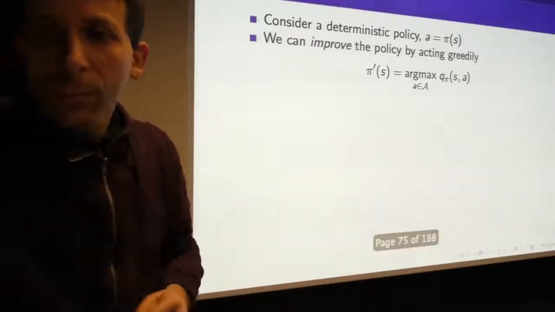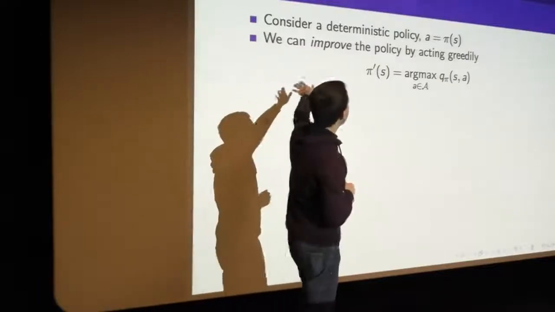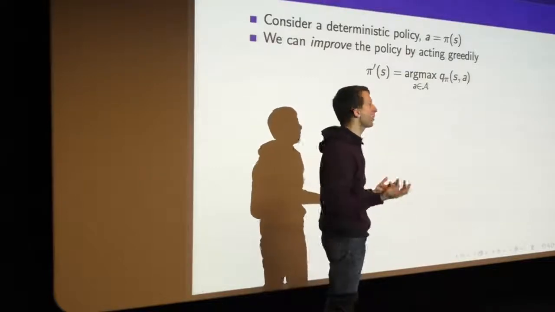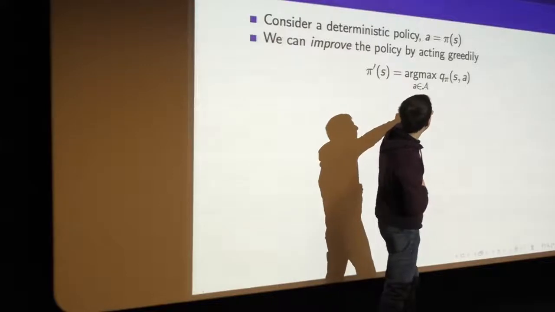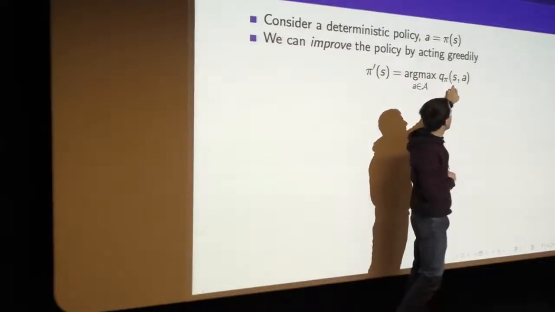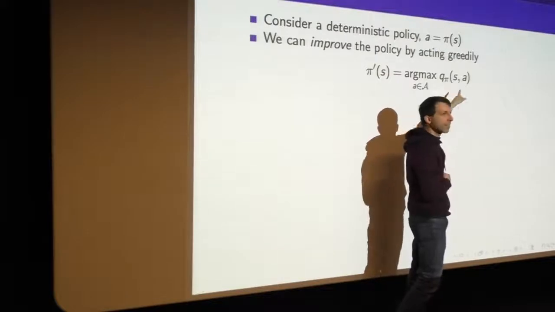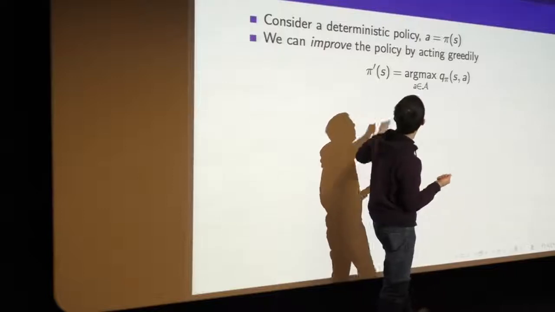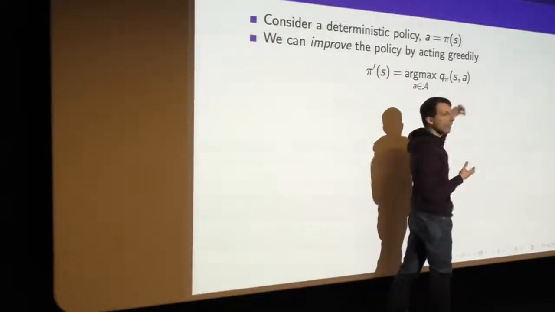And so how do we come up with our new policy? The way we come up with a new policy is by acting greedily. Now let's define what that means. Acting greedily means that we look at the value of being in a state and taking a particular action, and then following your policy after that. That's precisely the action value. So what we want to do is pick actions in a way that gives us the maximum action value.